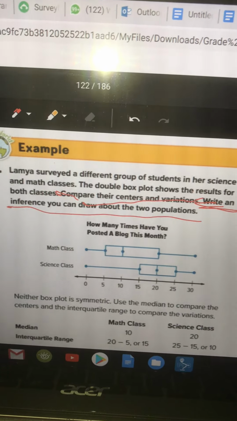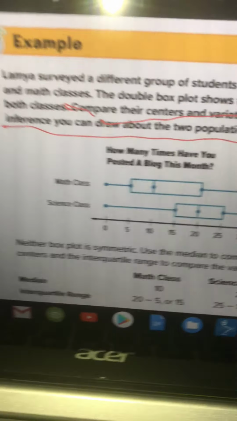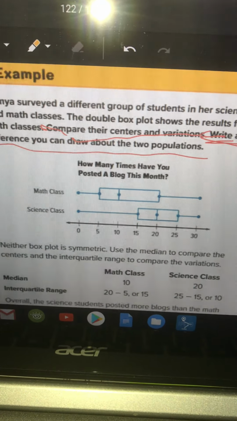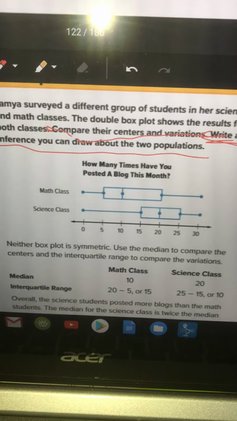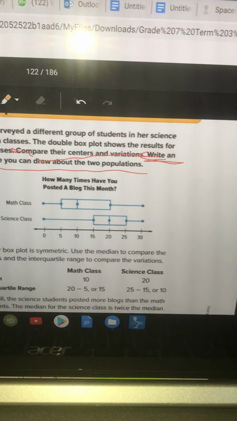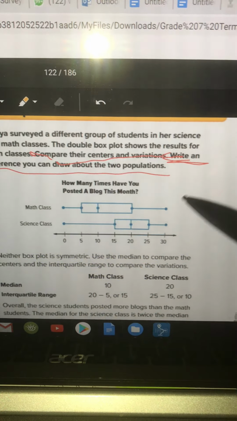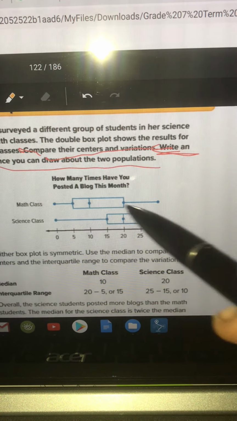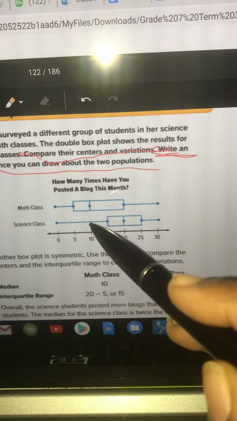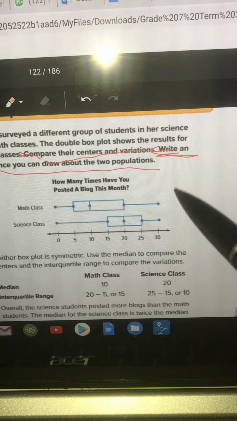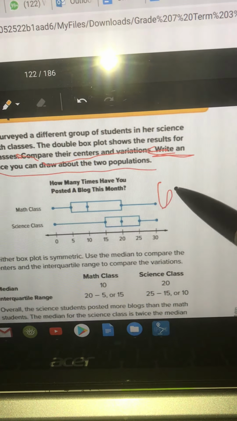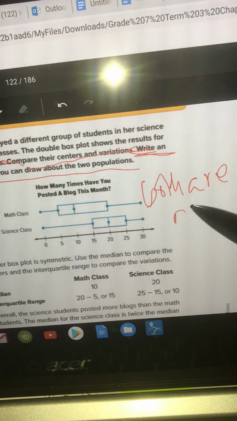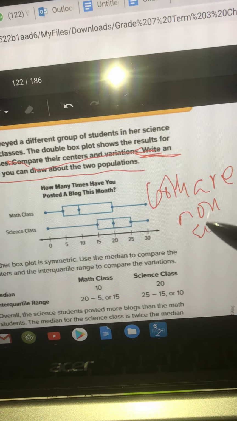So we have information about the math class and information about the science class. Both of them are non-symmetric because the left and the right don't look the same. Here is the middle; the left does not look the same. So both are non-symmetric.